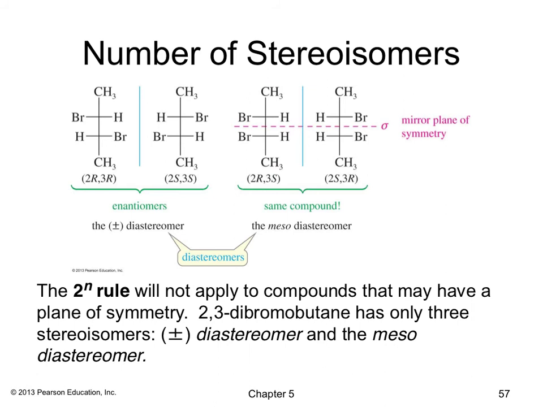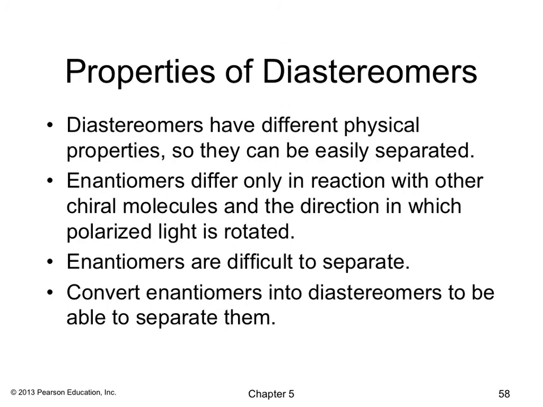And then this and this, because they have an internal mirror plane, are meso compounds. But the relationship between this and this molecule, this and this molecule, that's a diastereomer, as well as this to here and this to here and this to here. So in this case, because of the plane of symmetry, you only have 3 stereoisomers, the plus-minus pair shown here, and the meso shown here. So the 2 to the n rule doesn't apply here.